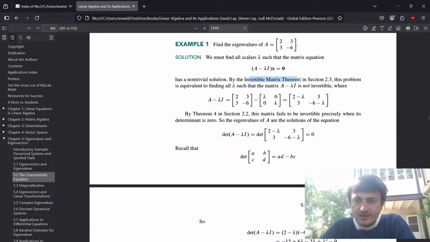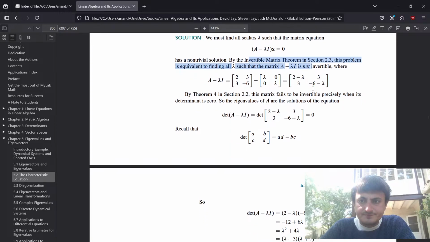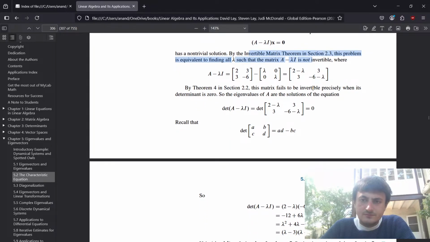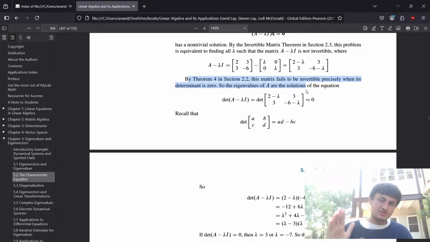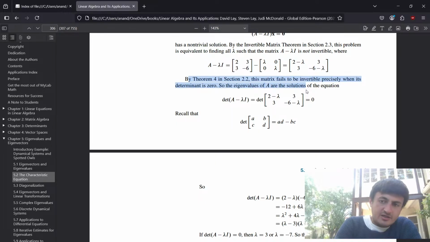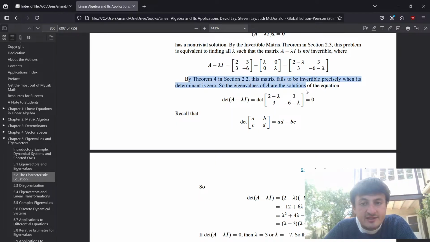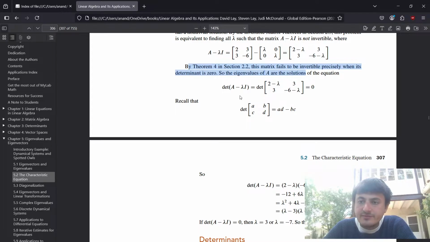By IMT, this problem is equivalent to finding all lambda such that the matrix is not invertible. By theorem 4, this matrix fails to be invertible precisely when its determinant is 0, because you're squashing a dimension. So like the size of a line in the plane is 0. That's what that really means.